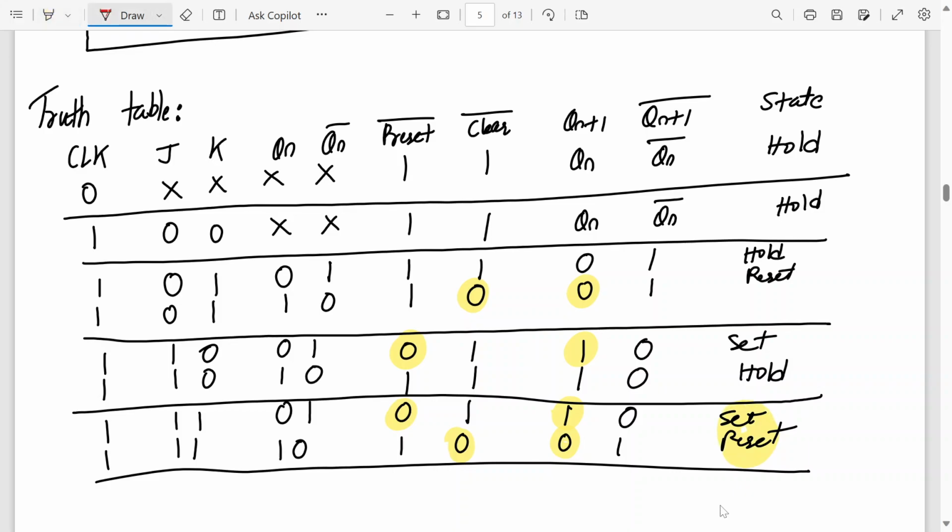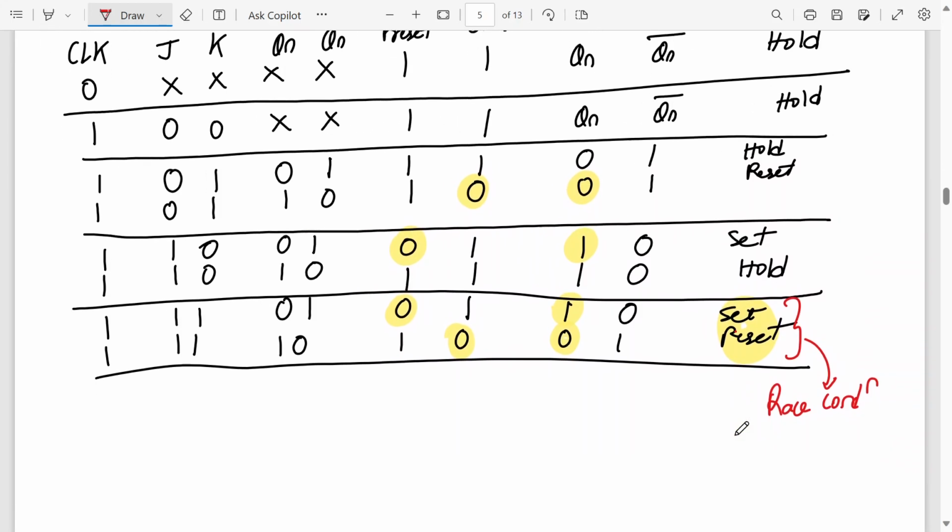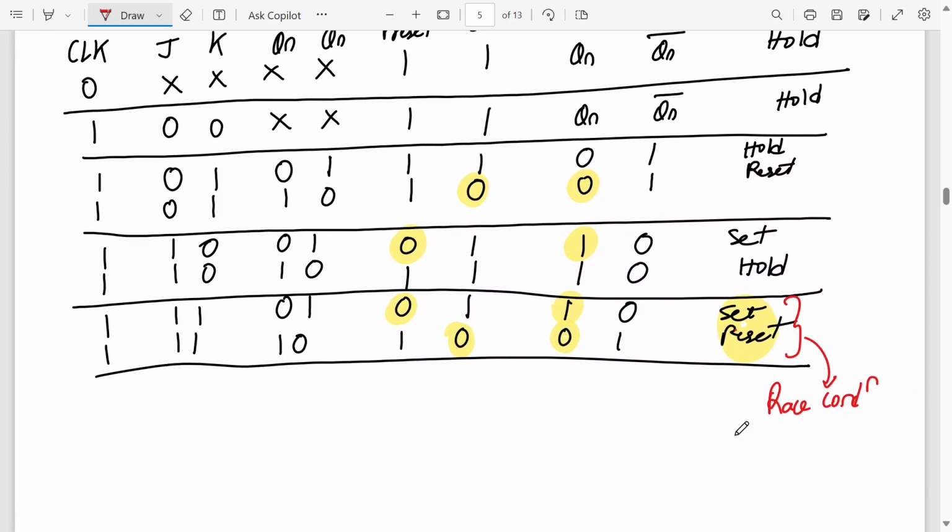Okay, this is called race condition. That means the output Q changes state before the timing pulse clock T has changed to 0. I will tell you why it is possible. You need to keep the time period very small. I will show you an example of how it happens.